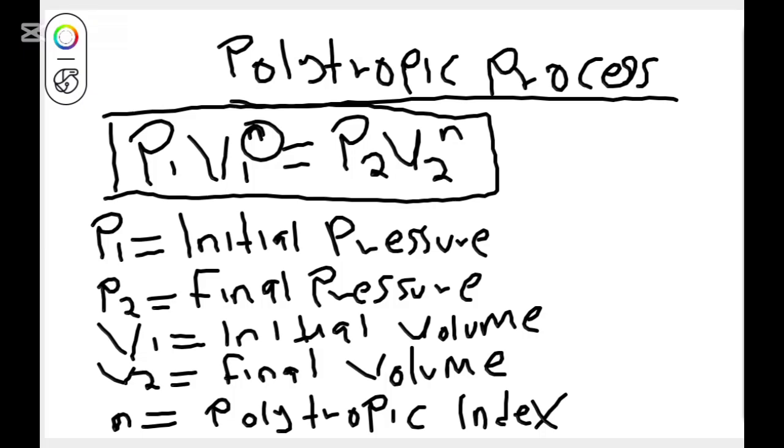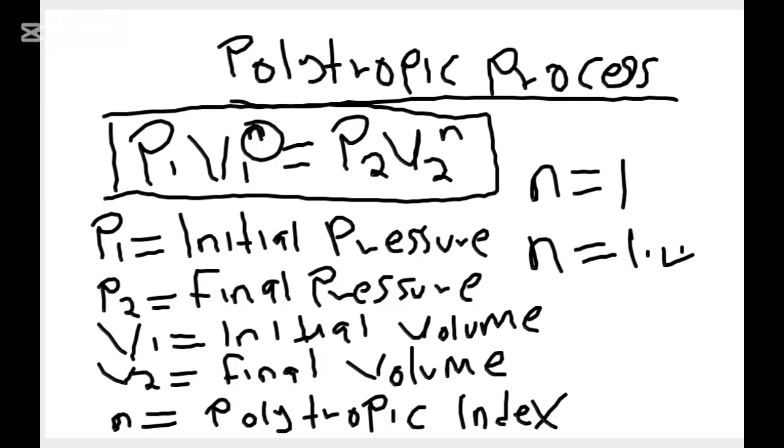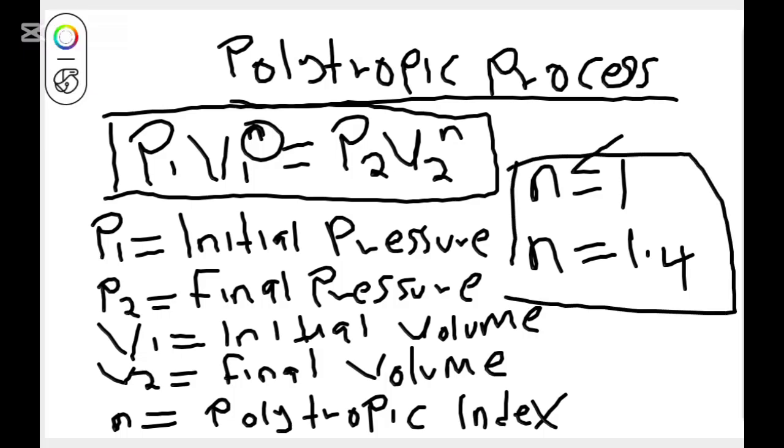In isothermal process, n is always equal to 1. But in adiabatic process for air, n is equal to 1.4. You have to take note of that. The first one is for the isothermal process, but the second is for the adiabatic process.